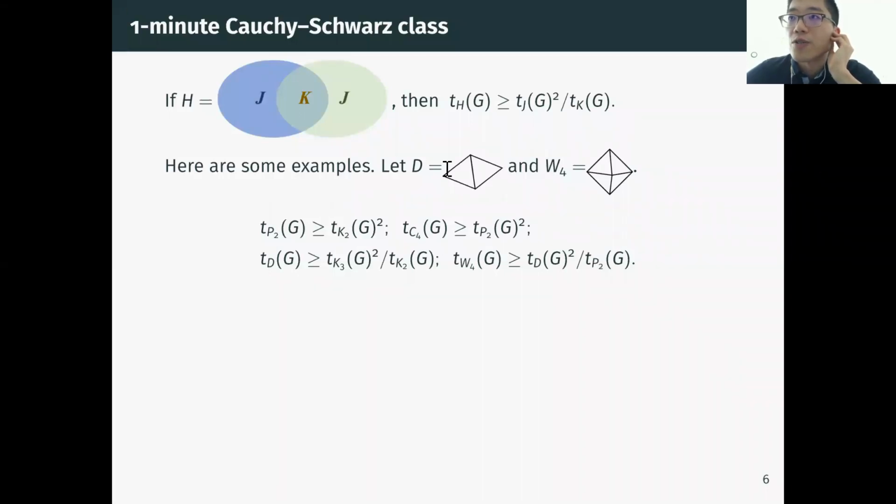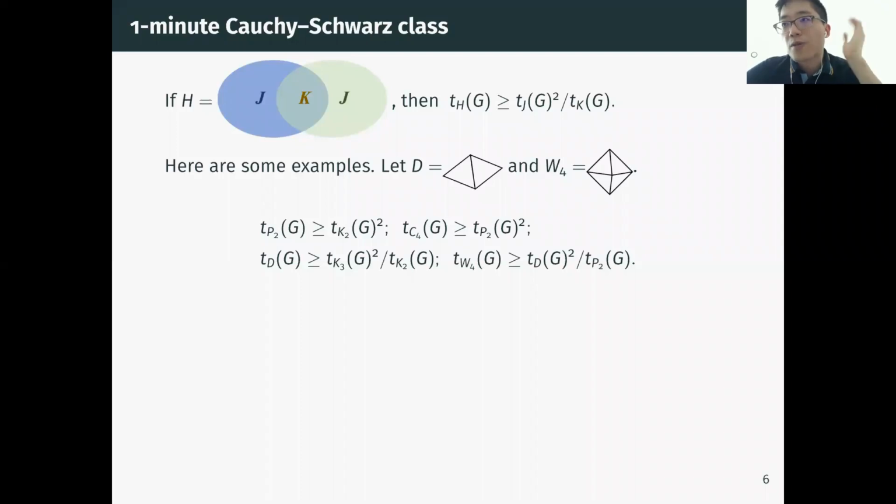Here are two copies of triangles glued together along one edge, so I divide one edge out, like the K here. And here's another graph, the 4-wheel, which can be lower bounded by the diamond squared, because here's a left copy of the diamond and the right copy. Then I glue these together along this path of length 2. So this is what I get.